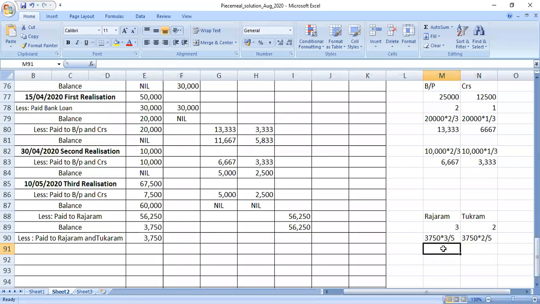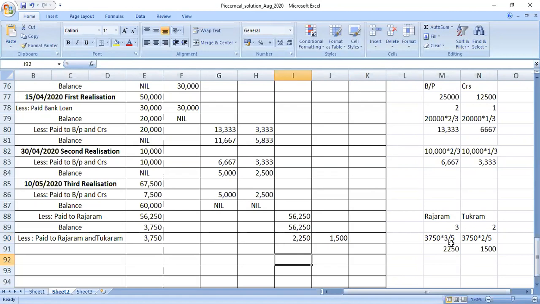3,750 into 3 divided by 5, the value will be 2,250, and Tukaram's value 3,750 into 2 divided by 5, value will be 1,500. This amount we will put: 2,250 and Tukaram's 1,500.